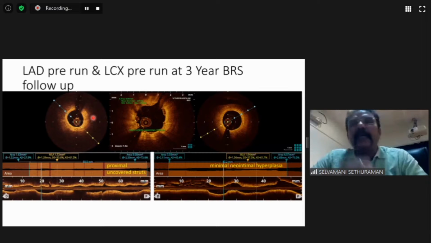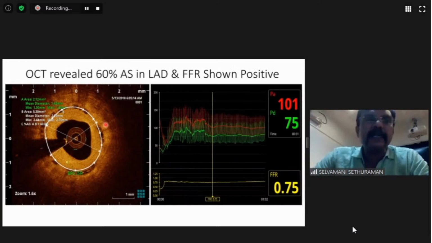These are the findings in this patient. You see the BVS is apposed in most areas, but in certain areas it is not. In many areas there was significant stenosis, around 60% area stenosis. Keeping this in mind, whether to stent it or not, I did an FFR.